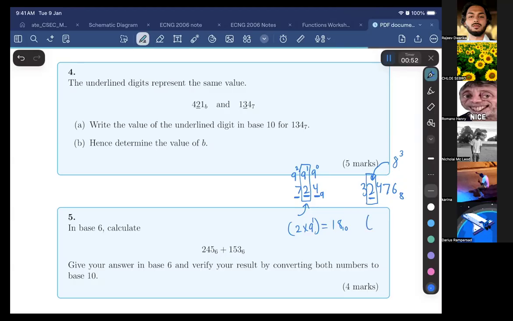Could you tell me the value of the 2 in base 10? See if you can figure it out, Karina. What's the place value for the 2 there?